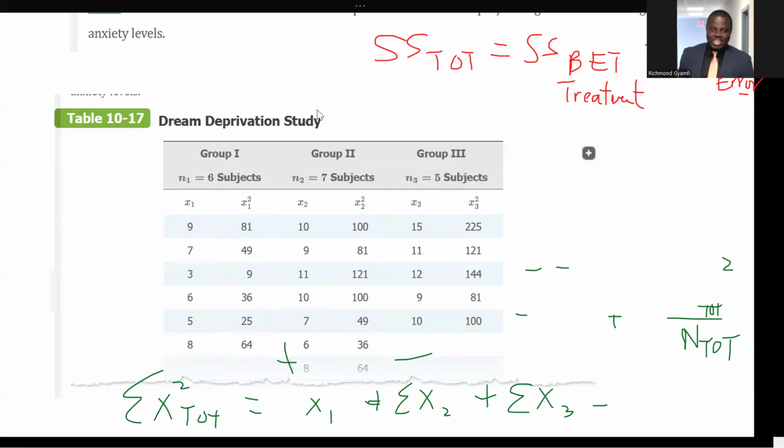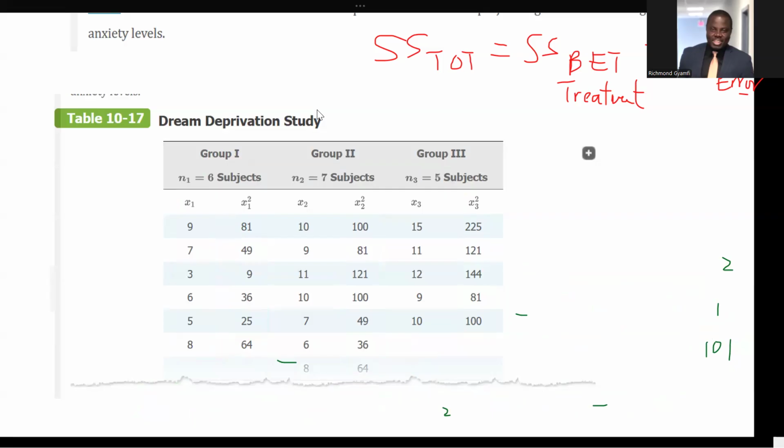I'm going to erase almost everything. And then I'm going to start with SS between the groups. So the formula for SS between the groups is that we're going to have a summation of just the x1, and then you square it, divide by the n1.